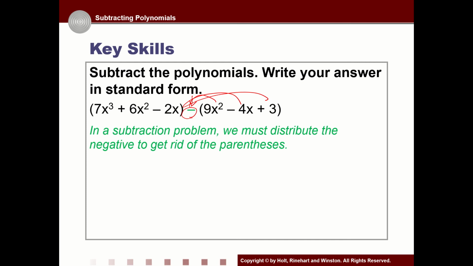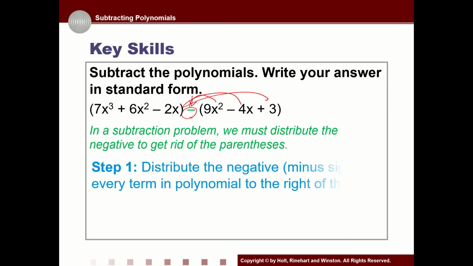So our steps to solving a subtraction problem with polynomials. Step 1, distribute the negative or the minus sign to every term in the polynomial to the right of it. So we'll multiply everything by the negative, or it's the same thing as -1 if that helps you to look at it that way.